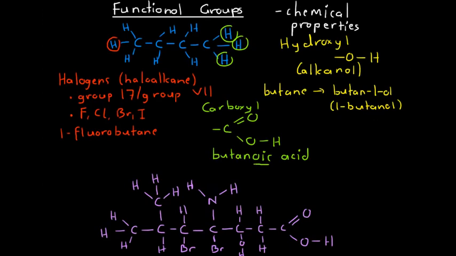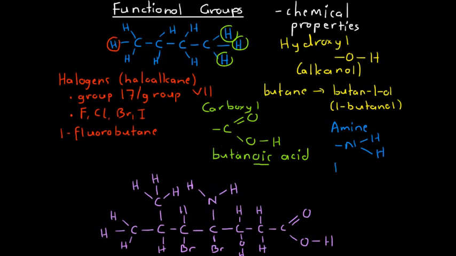Now the last functional group that we're going to look at now is amines, an amine functional group. And so an amine functional group looks like this. So we replace one hydrogen with an NH2 group. And so if we were going to replace that hydrogen there, there are a few different ways we can write this.